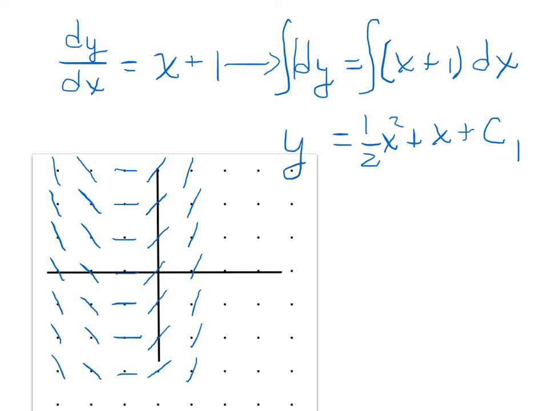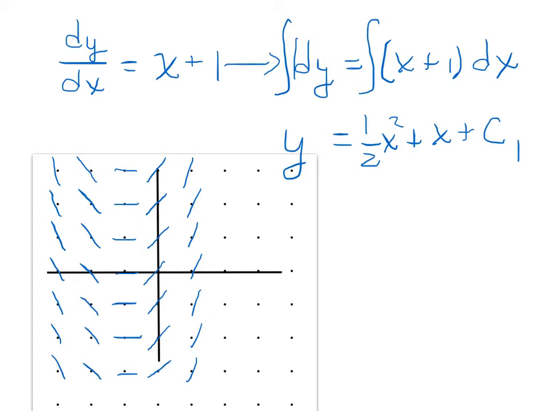And you get possibly a constant, but our constant here on the right will capture both of those constants, the one over here as well as the one here. So C1 represents our combined constant. All right, we now have a family of solutions. This equation represents the family of parabolas that go through this slope field.